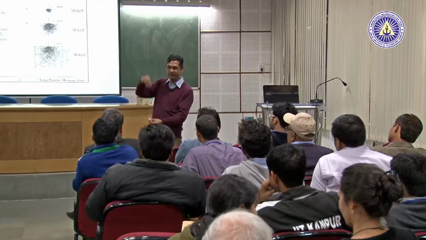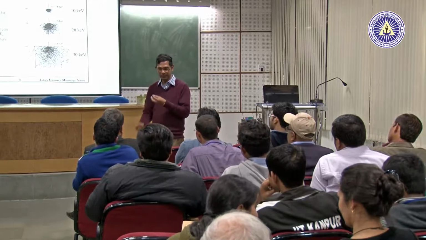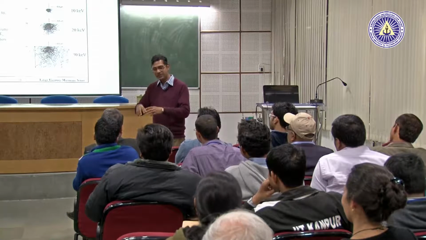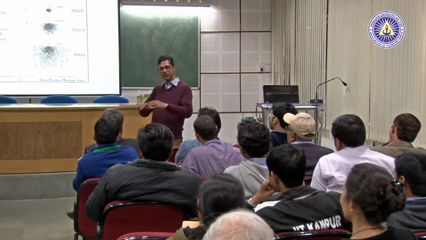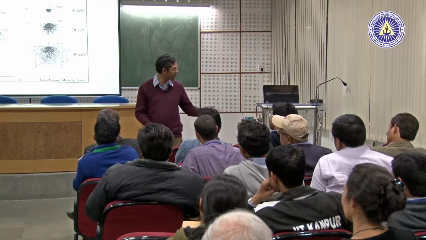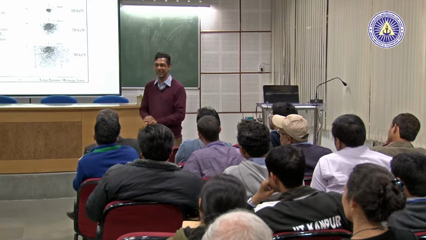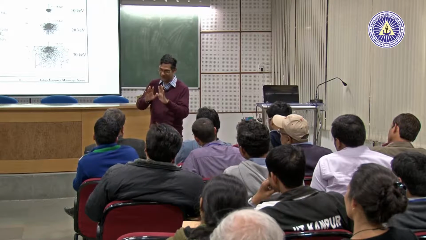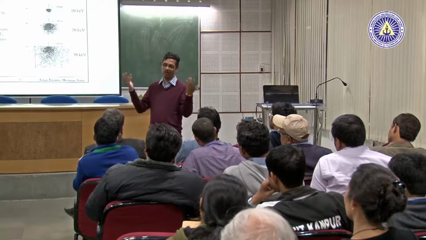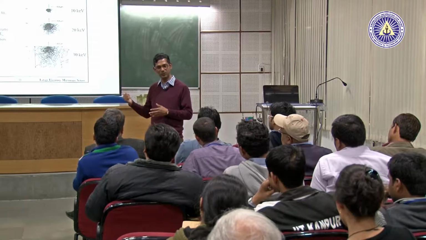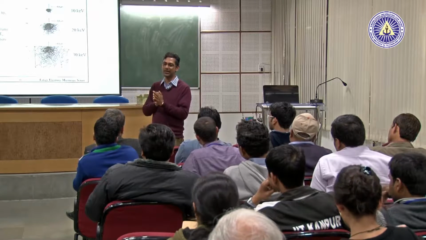In AFM, the tip moves up and down because of this potential, the interatomic potentials. So that is what is getting mapped, and we see sphere-like things and say this is an atom. I don't have that picture here, but for platinum, people have done that. You can even see holes there, everything. But these are not actually atoms. Even in electron microscopy you see the potential, you don't see the atoms.